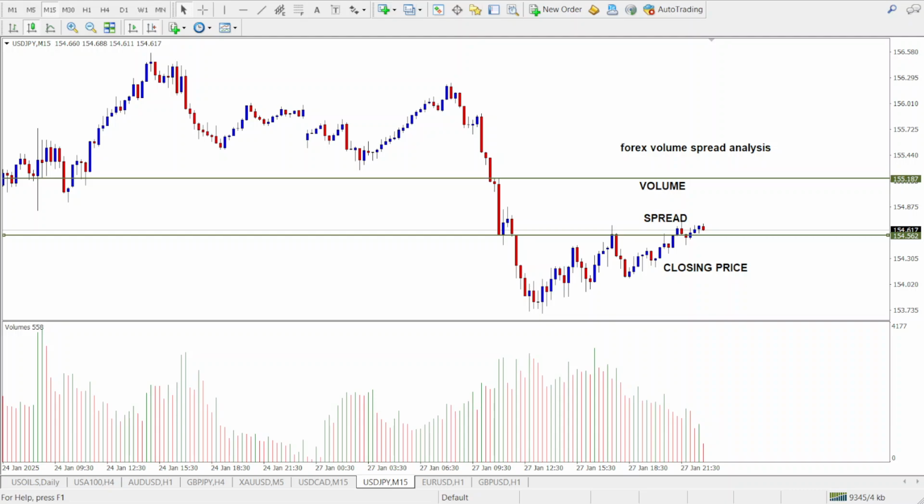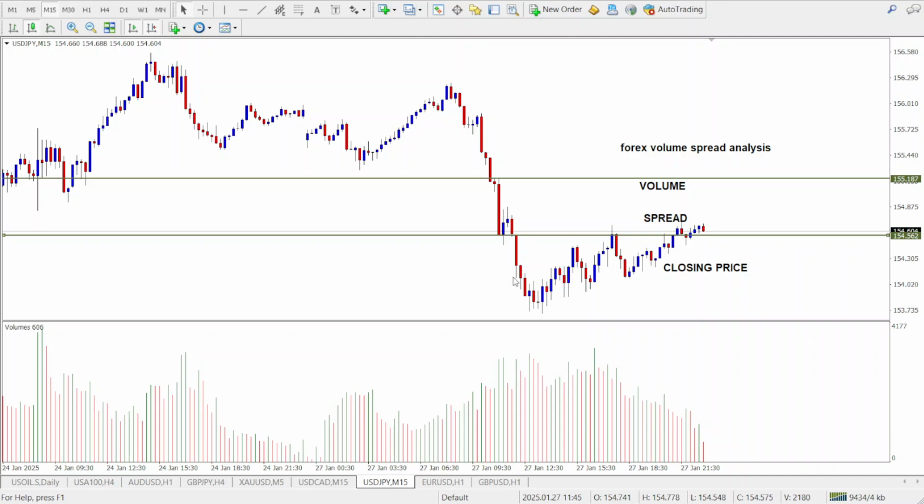Before we wrap up, here are some tips to help you succeed with VSA. First of all, you have to be patient. Do not rush into trades. Wait for clear VSA signals. It is very important. Also, practice on a demo account. VSA takes time to master, so practice spotting setups without risking real money. Then combine with other tools.